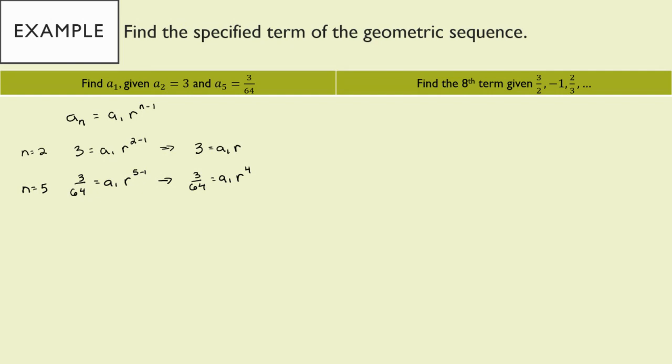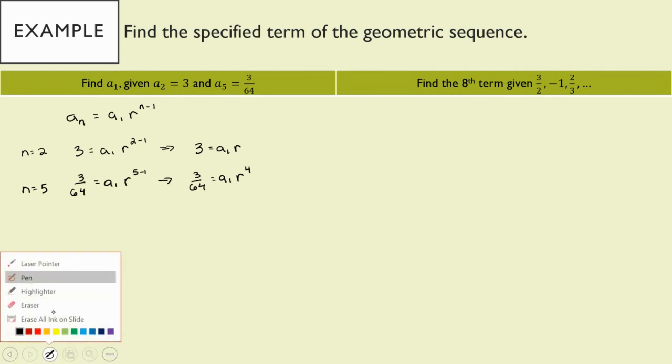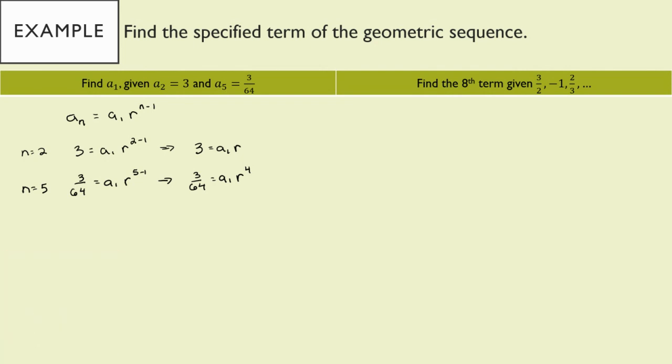So we have two equations here, and this is actually a non-linear system of equations. We want to find A1, so I can take the first equation and solve that for R, so I can plug it into the other equation. R would be 3/A1.